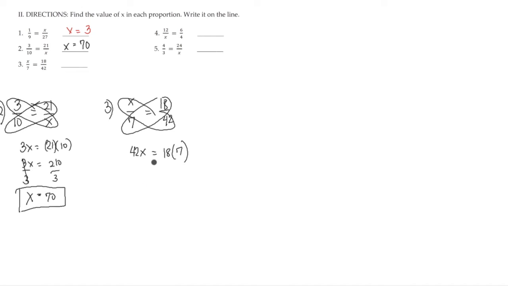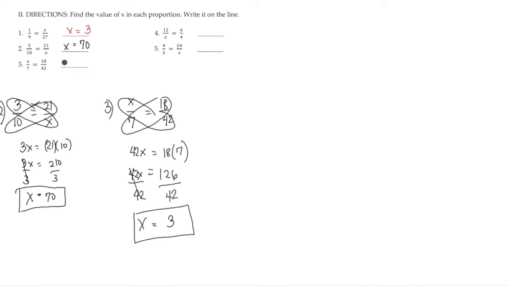And then we get the product of 18 and 7. This is 126. 42x, the same thing that we did earlier. We are going to divide both sides by 42. Okay, we have now the value of x, which is 3.